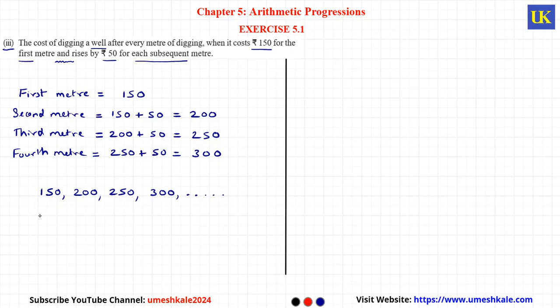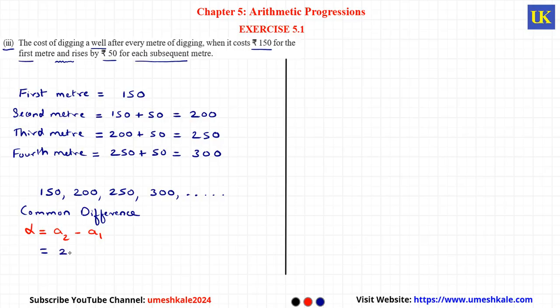Now to comment whether this is an AP or not, we need to check the common difference every time. The formula to check the common difference is D is equal to A2 minus A1, and minimum two times we need to check.